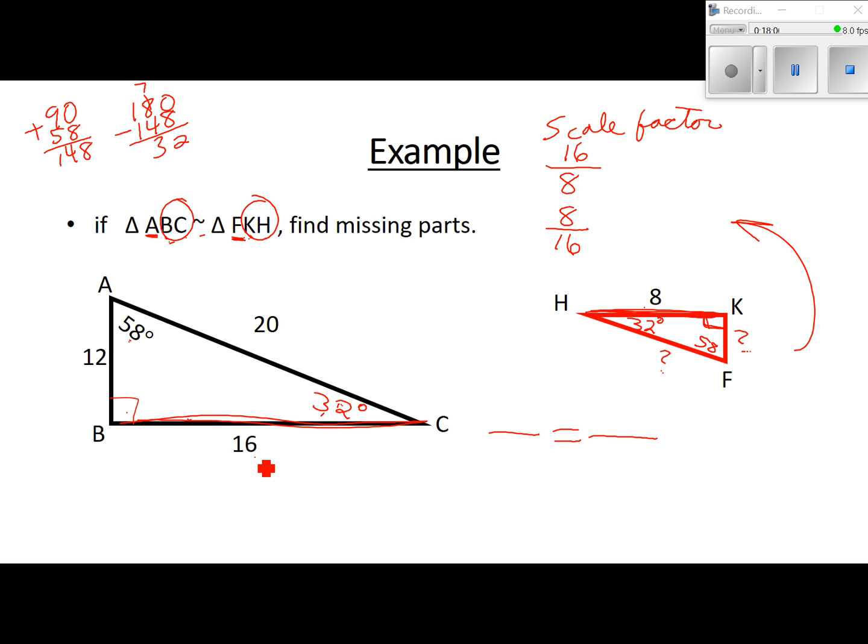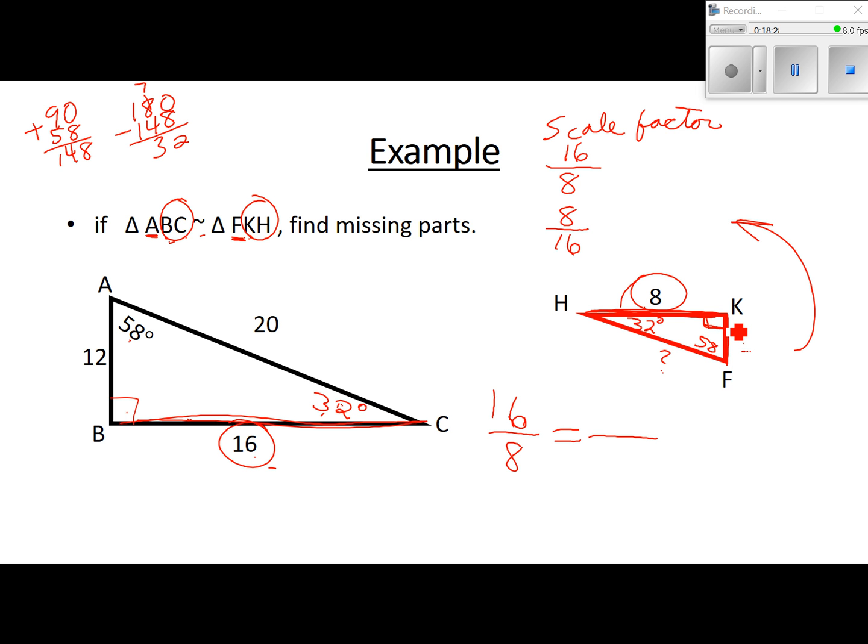So if I go 16 compares to 8, so I matched up this compares to that, and I want to find segment KF first, let's say.